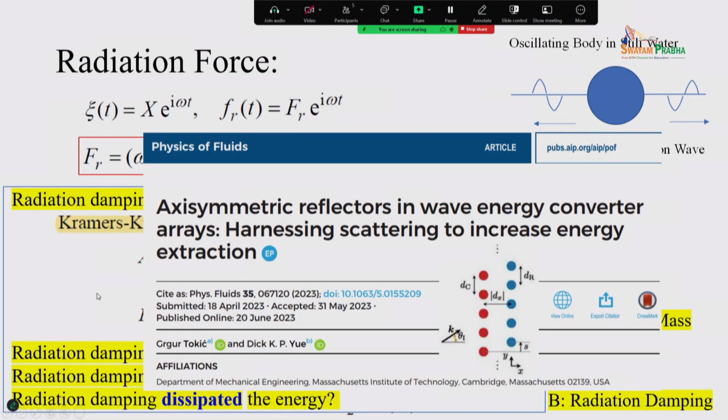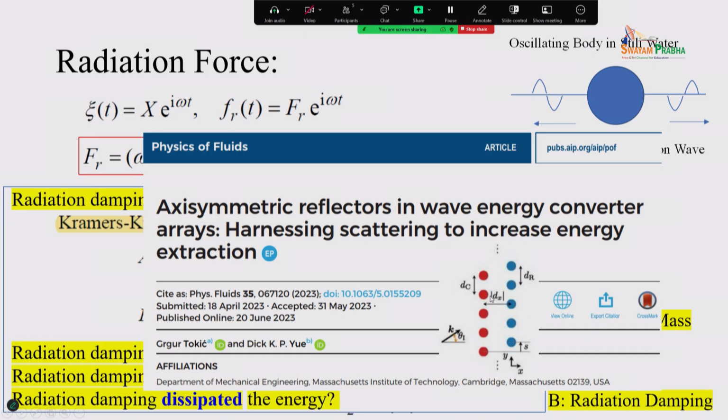Okay, so that is one paper published by Dick Yue. Professor Dick Yue is an expert in waves, and he is in the ocean engineering program, previously a department at MIT. He published the paper with his student. Basically you put buoys in an array in the water, right?